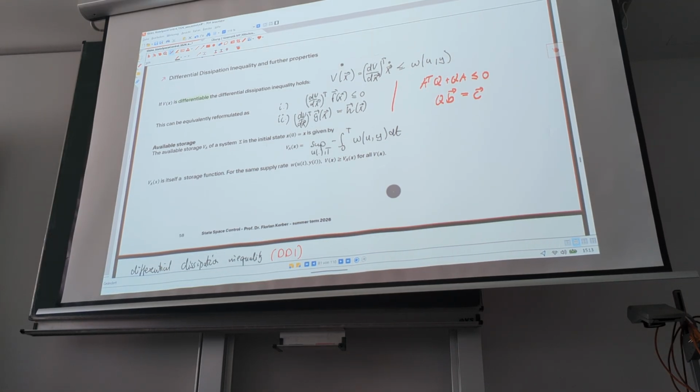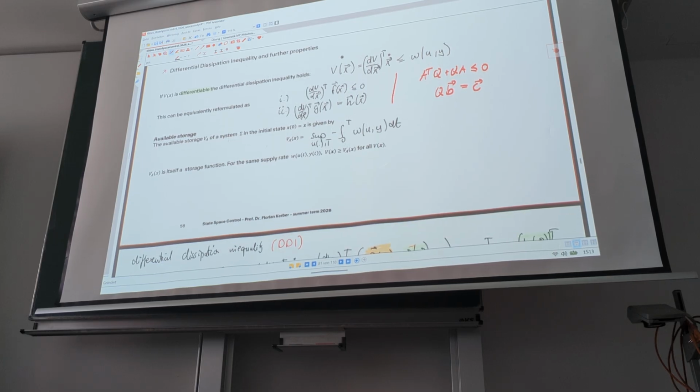Okay. This itself is a storage function.